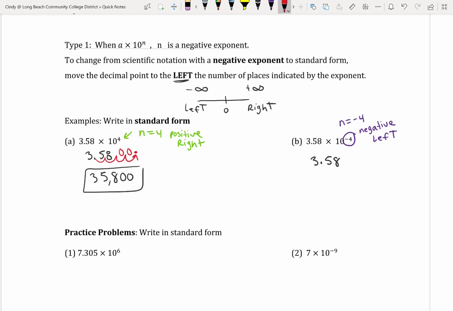Now I'm going to go to the left 4 spaces. So 1, 2, 3, 4. So now I have my placeholders. So this is 0.000 and I have my 358. So that's going to be my final answer. And that's what it means to write it in standard form.